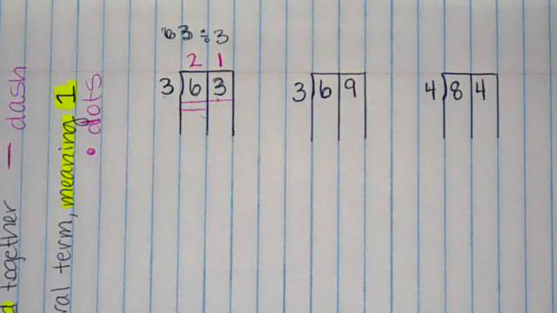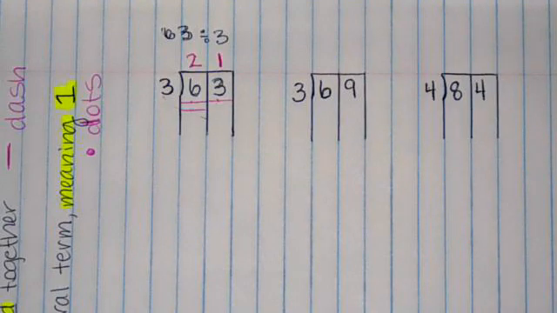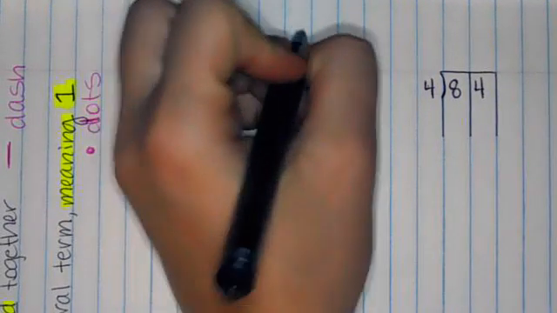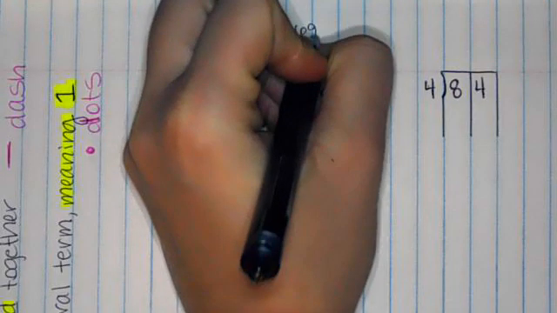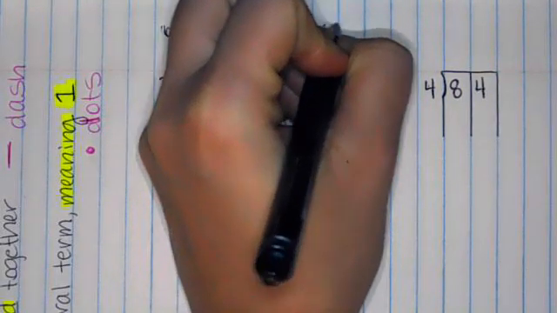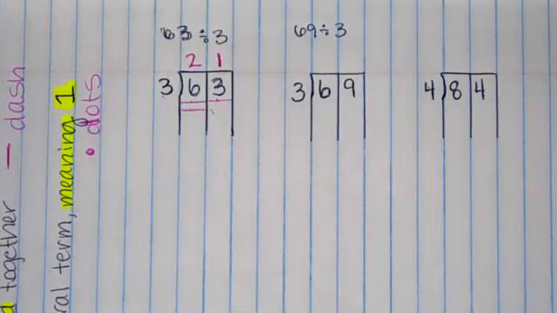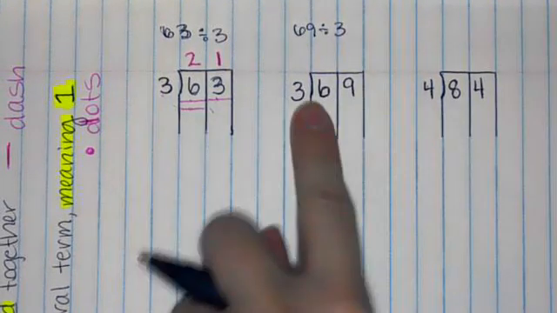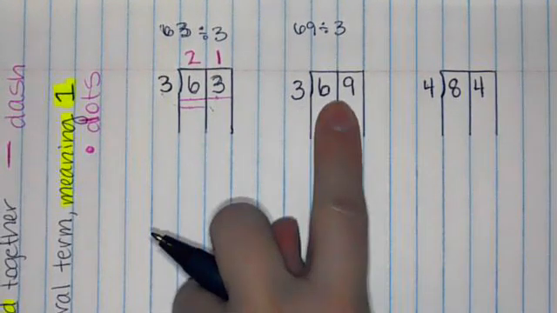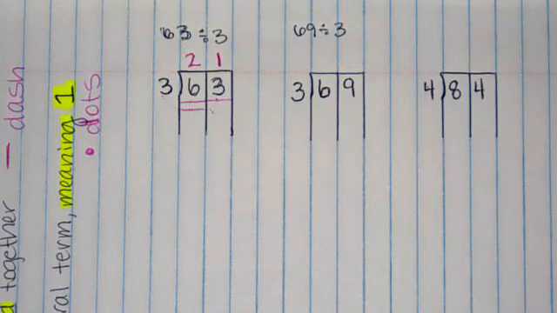In our next problem, we are going to be doing 69 divided by 3. So I will write that up top, so you can remember that in the house, that number is going to be divided by the number on the outside.